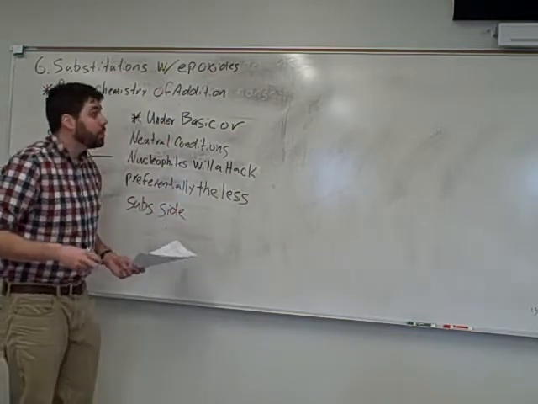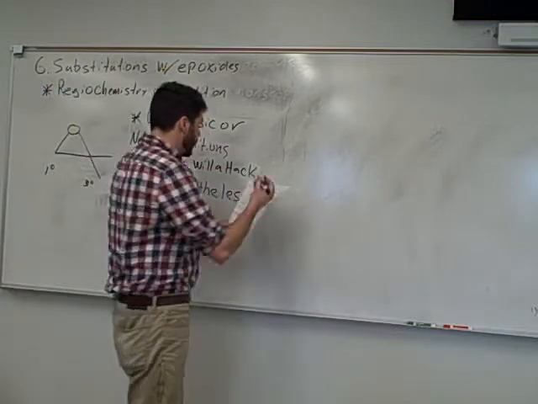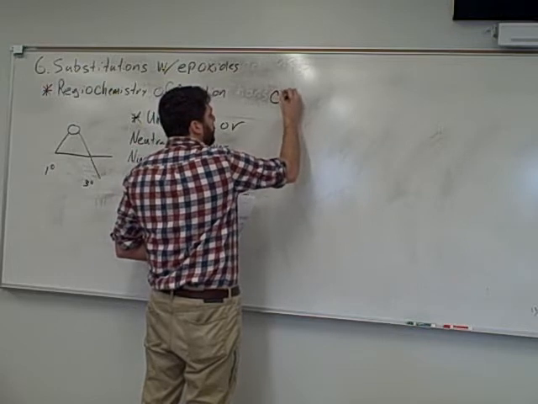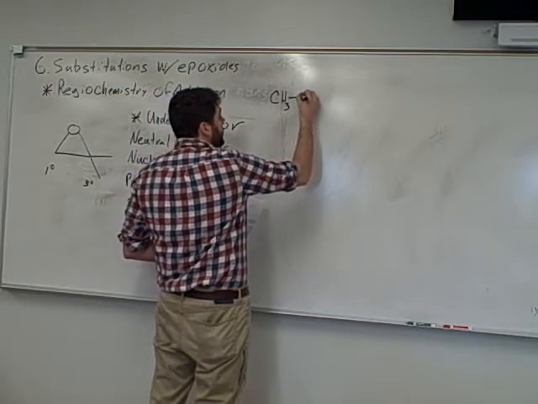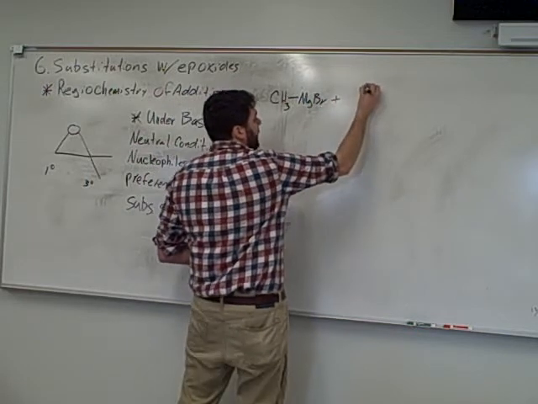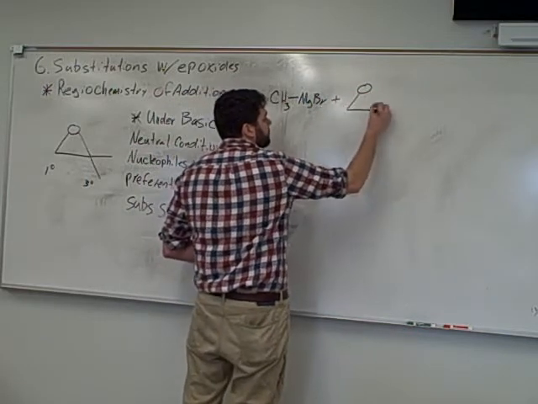So for example, when we're taking a look at this, we can add a strong nucleophile, something like methyl magnesium bromide, a Grignard reagent. We can add this to our asymmetric epoxide.